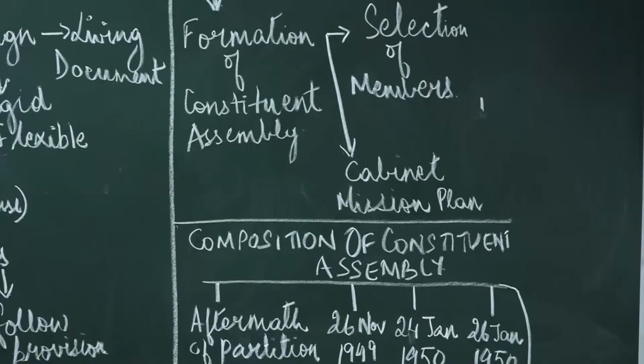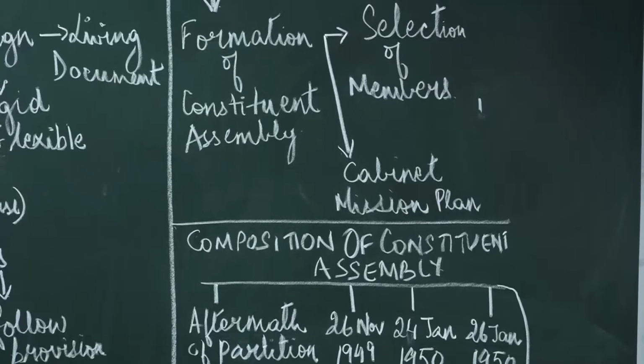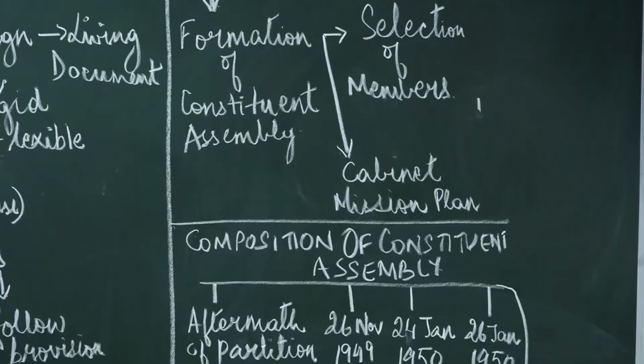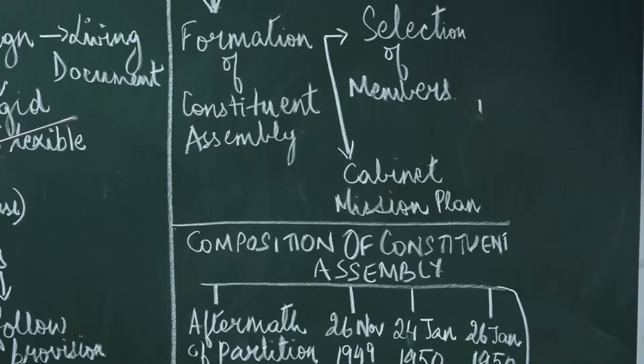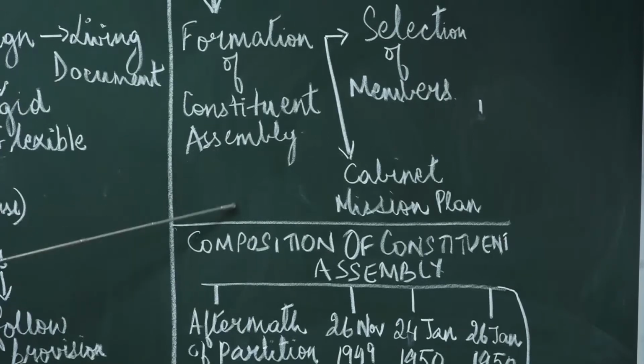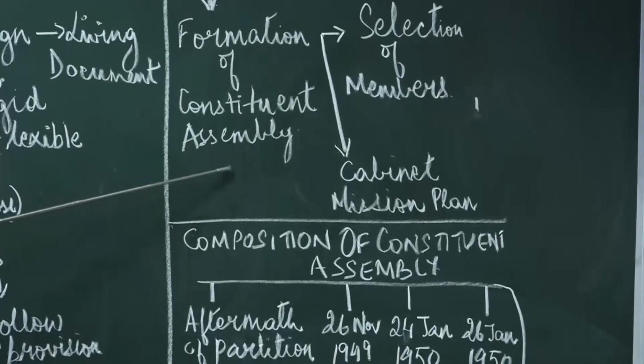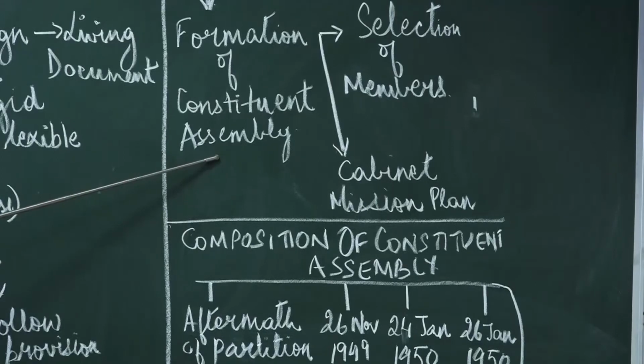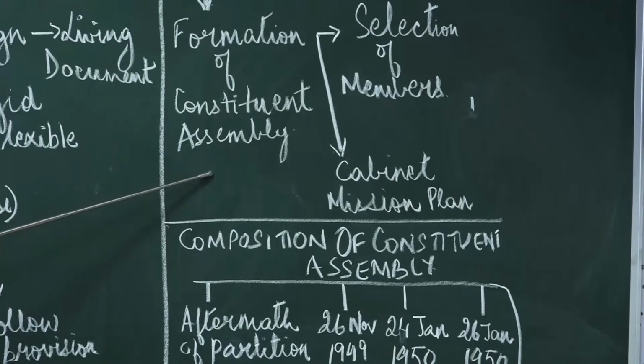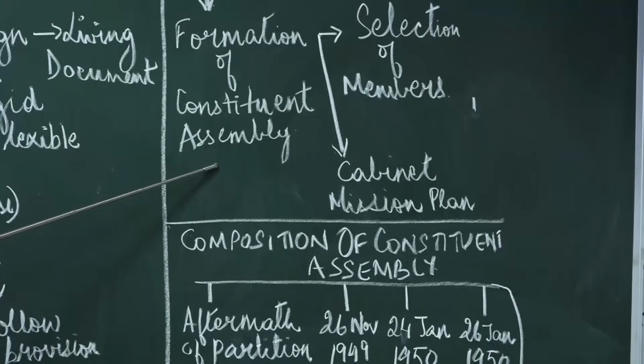Our country, India, like I have told you before also, is a huge country. We have many people living here. When we got independent, when the constitution was being made, our country was divided into princely states. Princely states are those places where the kings used to rule.